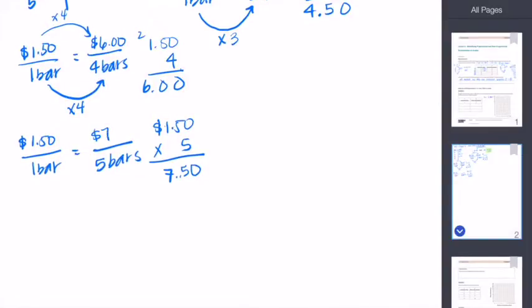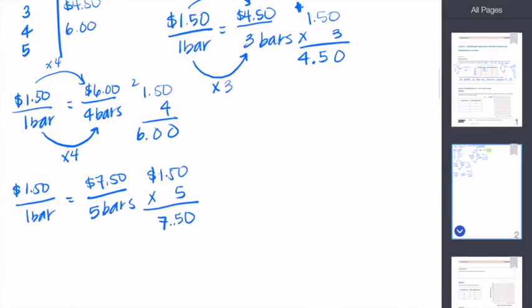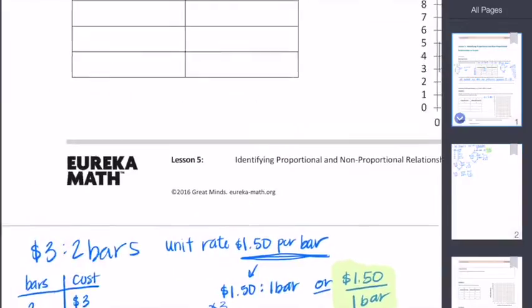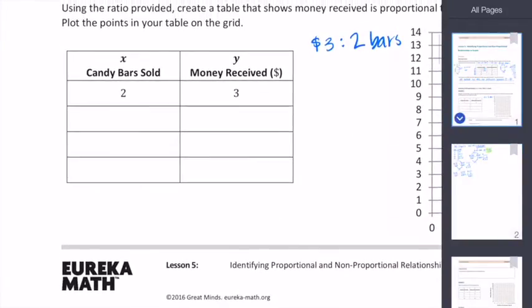Put that in our little table here. So that's what I'm going to have in my table. I'm going to move all my values: 3, 4, 5. It was $4.50 for 3, $6 for 4, and $7.50 for 5.